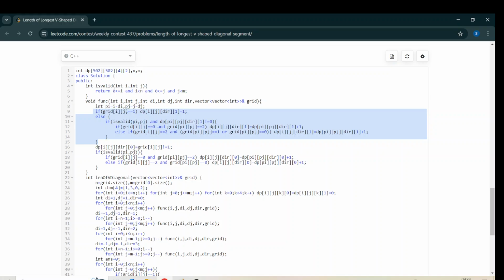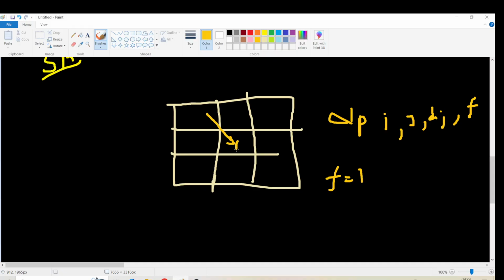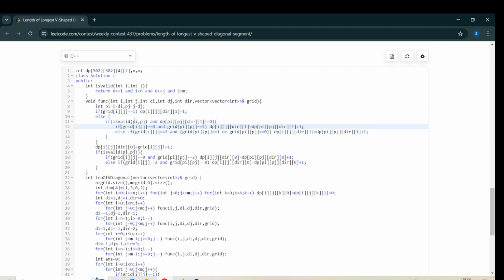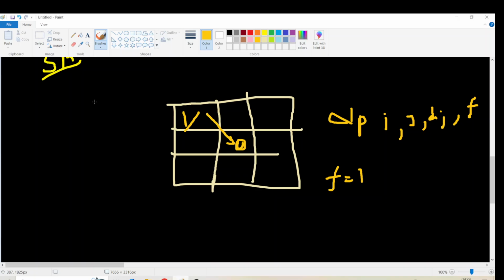Now if the grid[i][j] value is 1, we can have a sequence starting with 1, so dp[i][j][direction][1] will be 1. Otherwise, if the grid[i][j] value is not 1, it would be either 2 or 0. Now we check the previous cell we are coming from, which will be (pi, pj). We check that if that cell is valid, and we have a valid sequence starting with 1.